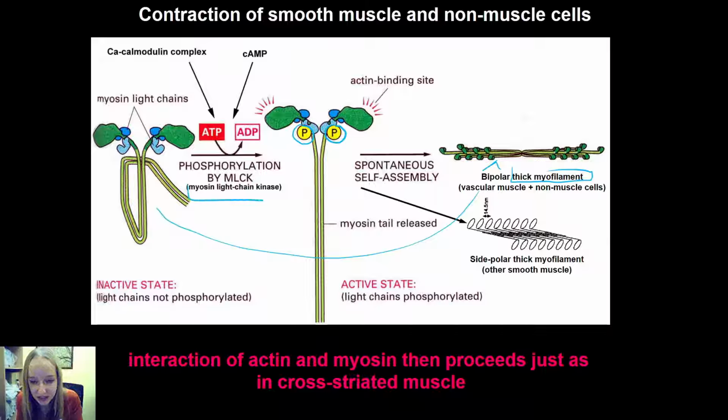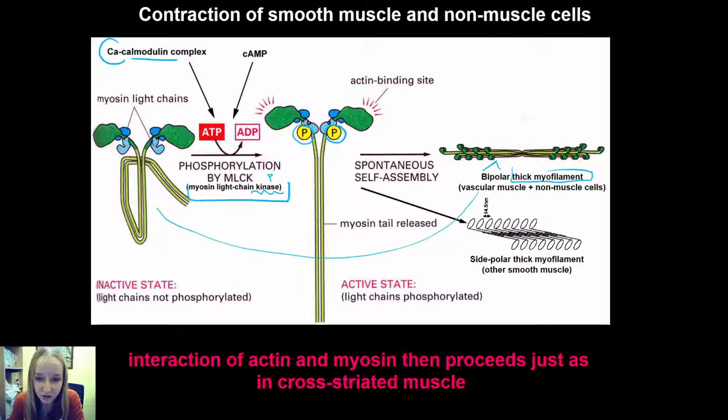What we need for the phosphorylation is ATP, so we need energy once again, and we need the calcium-calmodulin complex. First we have calmodulin, which binds to calcium, and then this whole complex will activate the phosphorylation of the myosin molecule, because we are going to activate the myosin light chain kinase.